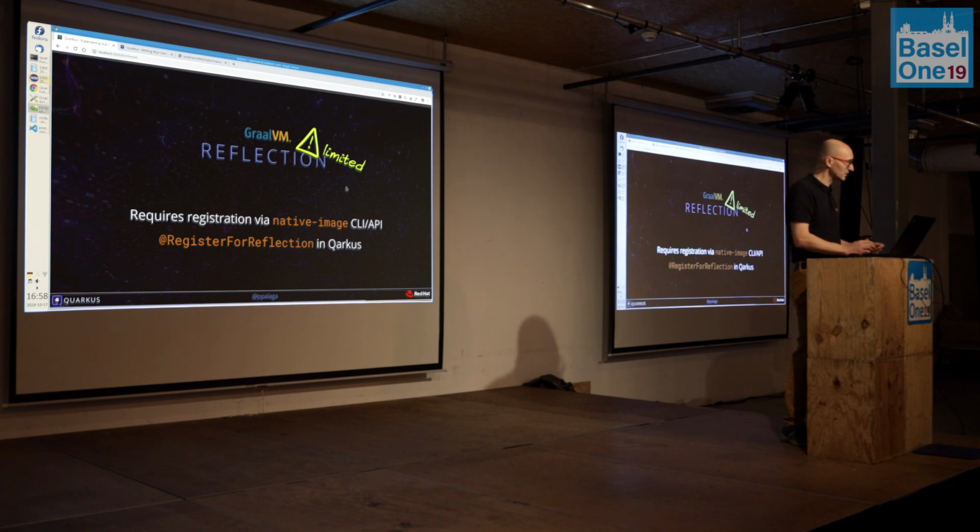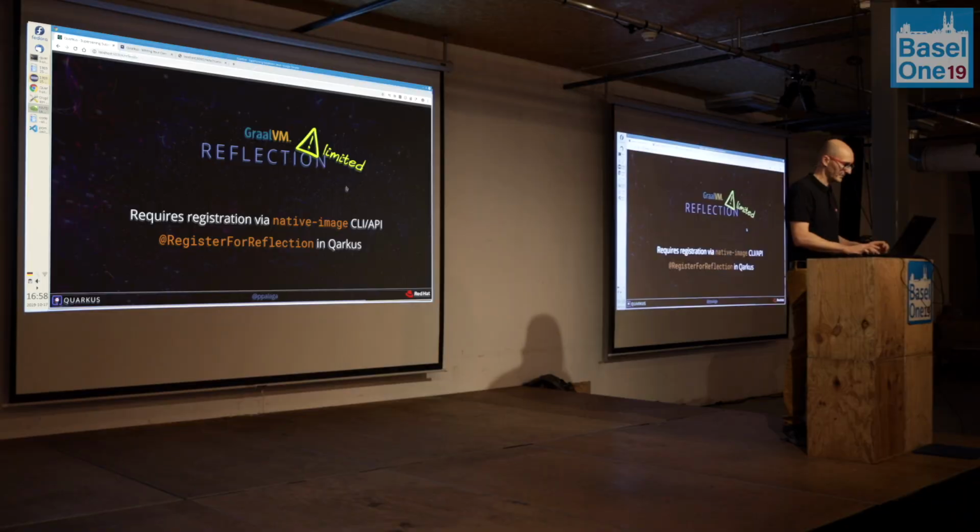Good. Reflection is limited. You need to register classes for reflection upfront, and GraalVM or the Graal compiler is going to generate code that is accessing the things you need. And Quarkus offers a special annotation for this purpose.